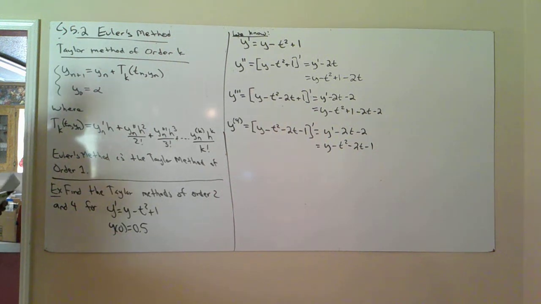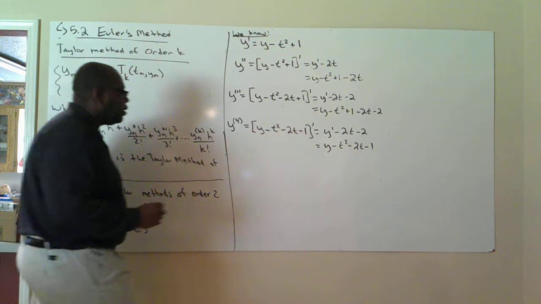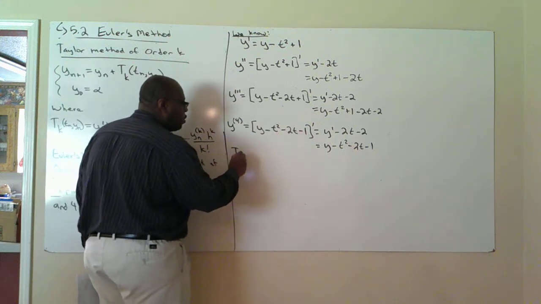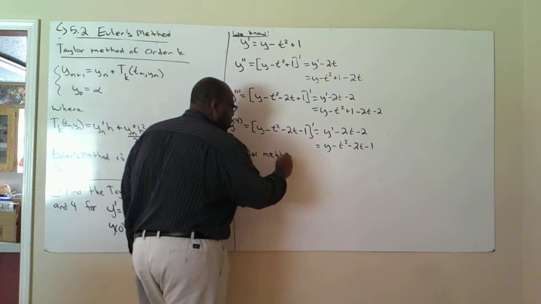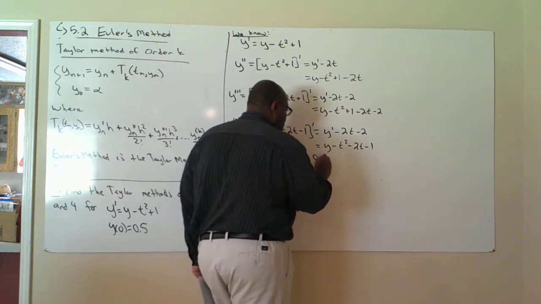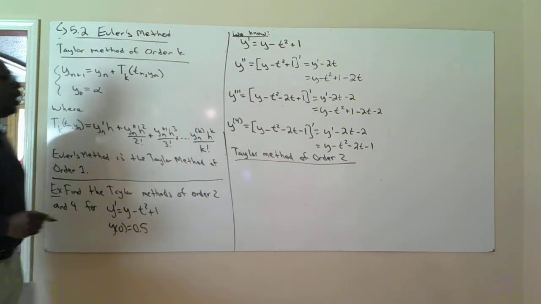Okay. And so what would those Taylor methods of order 2 and 4 look like? Let's put down a Taylor method of order 2. Okay.